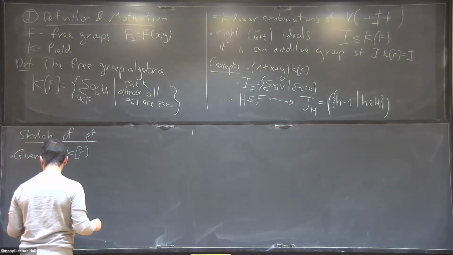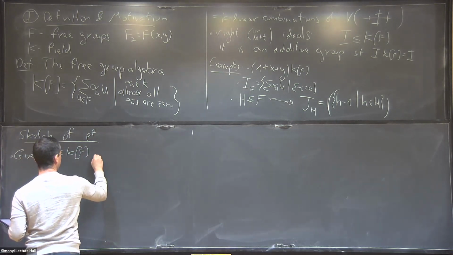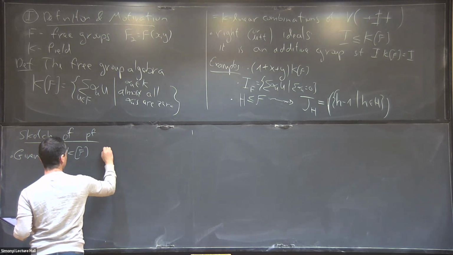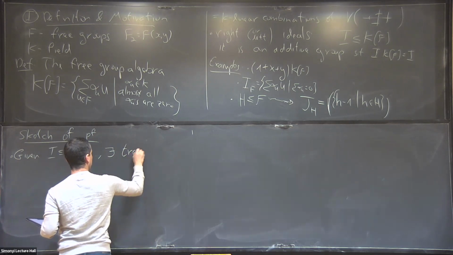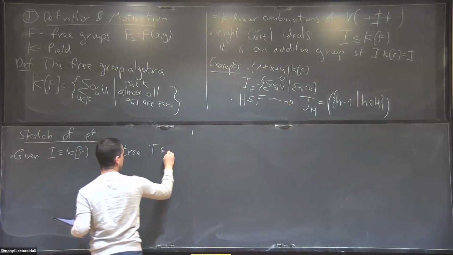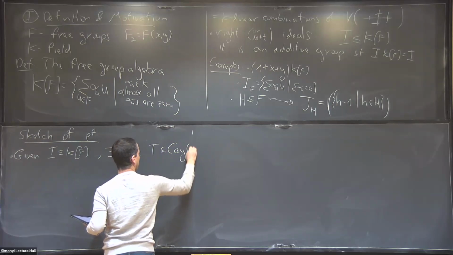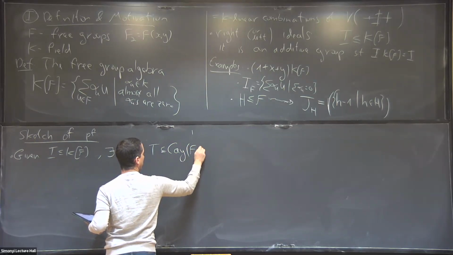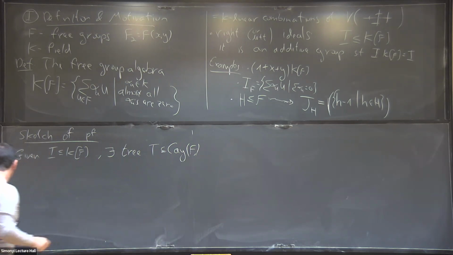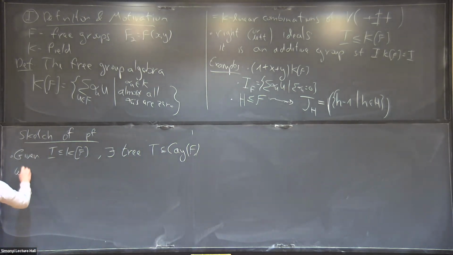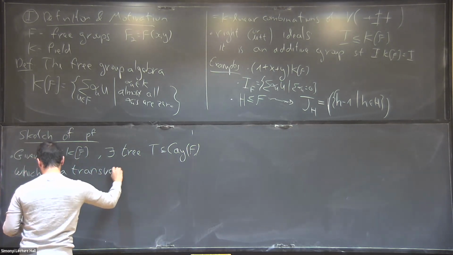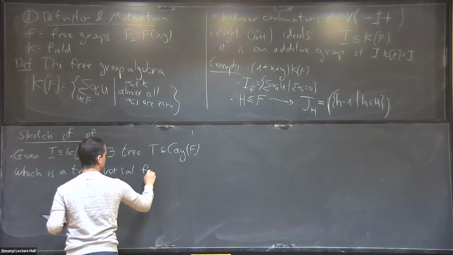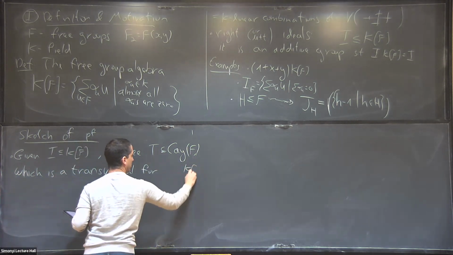Then there is a tree inside the Cayley graph, a subtree, which is a transversal for the quotient module.